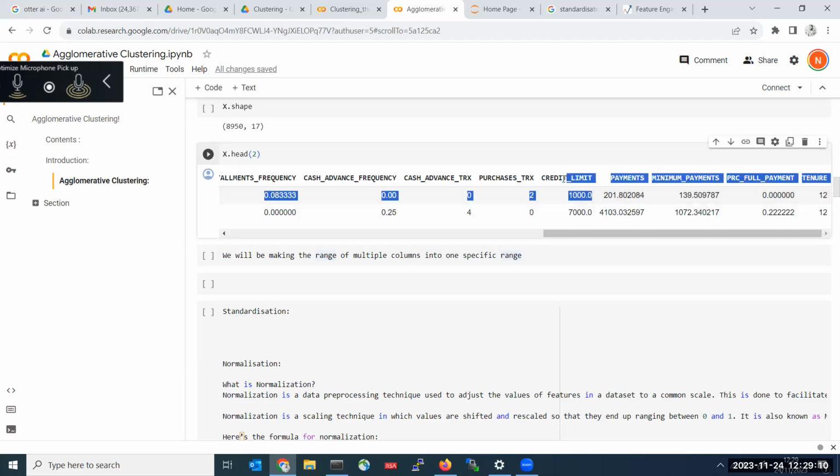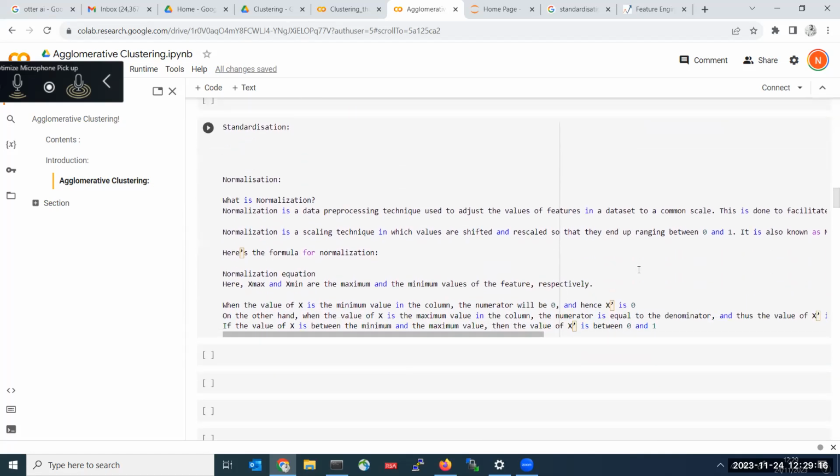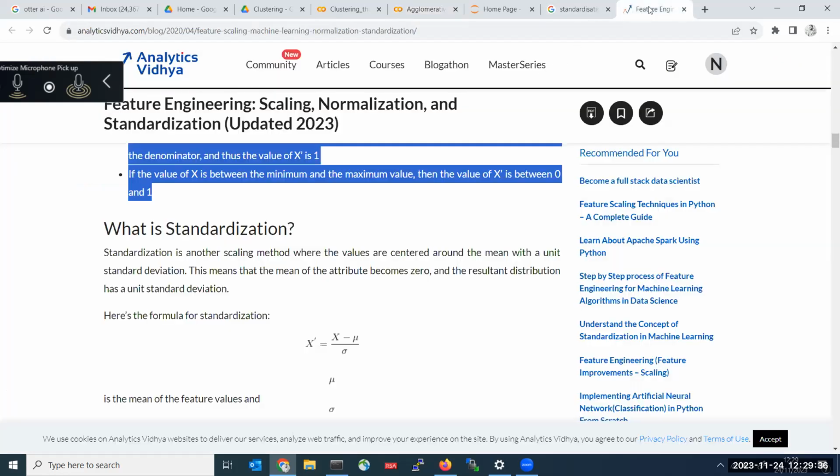So this credit limit data and this tenure data will be converted into a range between 0 and 1. That is the meaning here. So normalization is a scaling technique in which values are shifted and rescaled so that they end up ranging between 0 and 1.